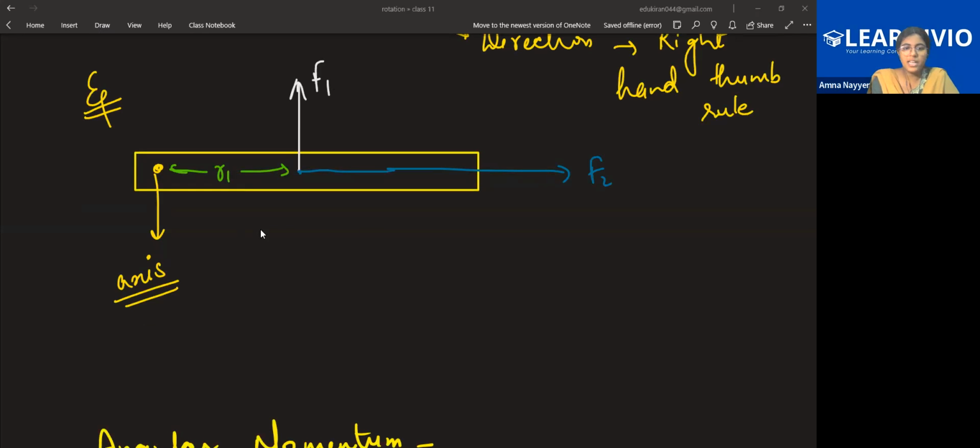When we are calculating for the first one, it is R1 into F1 into sine theta. Theta here is 90 degrees, so torque here will be R1 into F1.